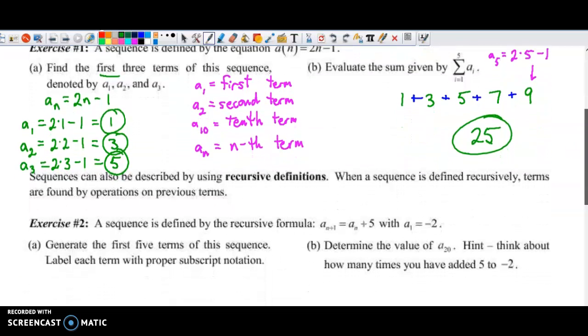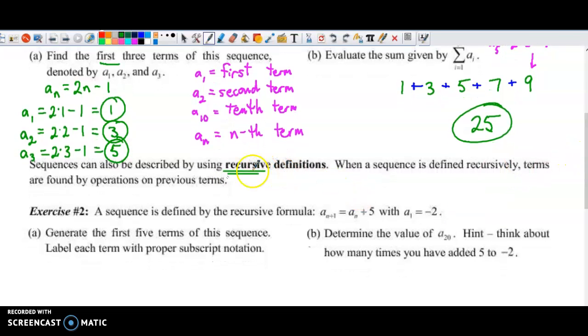And what we also have, you might want to hit pause and write anything down or write down any questions that you might have, is recursive definitions. So what does it mean to be recursive? We need to know the previous term or terms in order to find the next term. So if a subscript n means the nth term, a subscript n plus 1, you can probably see where I'm getting that from, is the next term.